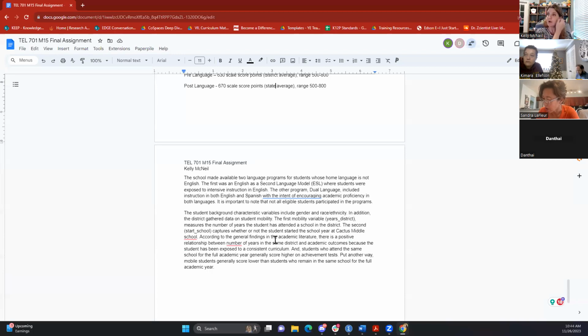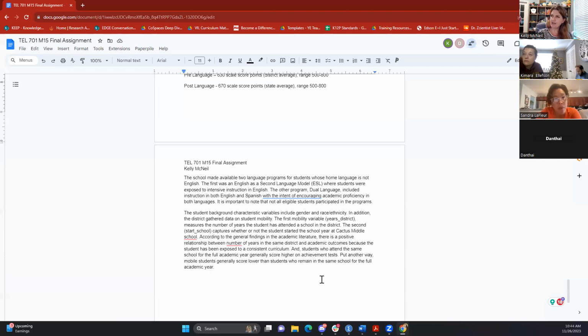The student background characteristic variables include gender and race/ethnicity. In addition, the district gathered data on student mobility. The first mobility variable, years_district, measures the number of years the student has attended a school in the district. The second, start_school, captures whether or not the student started the school year at Cactus Middle School.